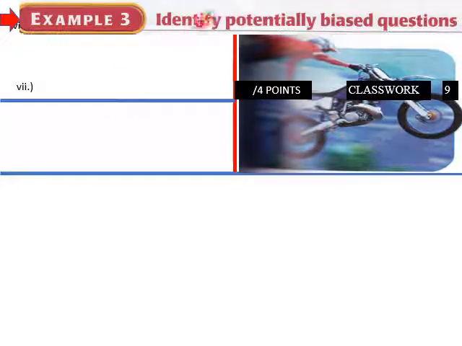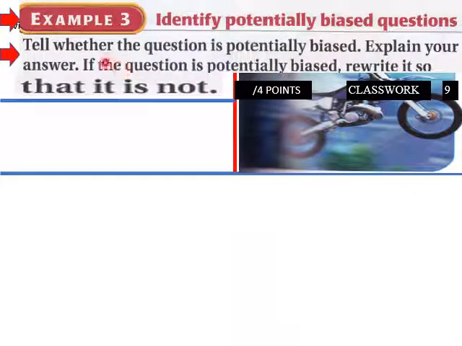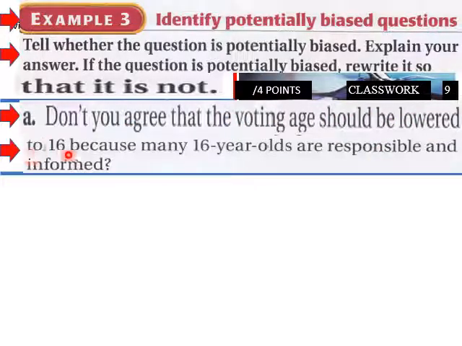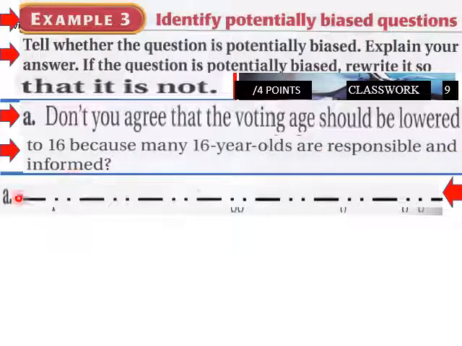Okay, example 3 here. Identify potentially biased questions. Tell whether the question is potentially biased. Explain your answer. If the question is potentially biased, rewrite it so that it is not. A: Don't you agree that the voting age should be lowered to 16 because many 16-year-olds are responsible and informed?